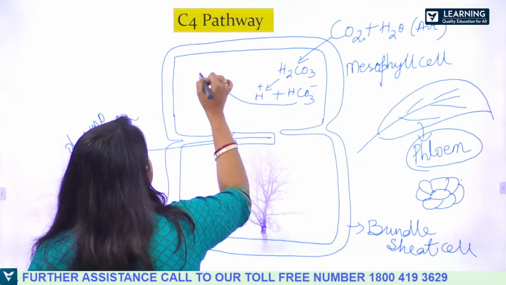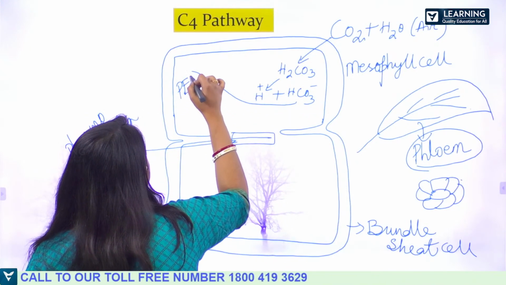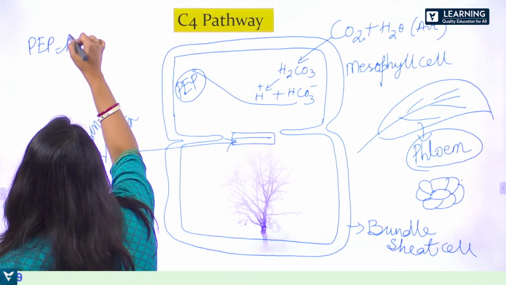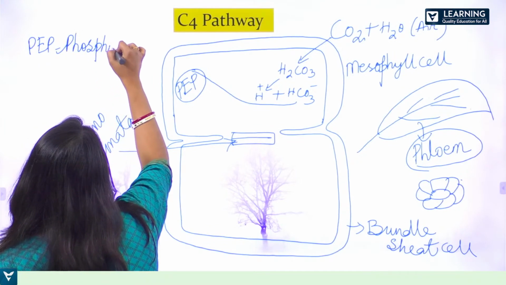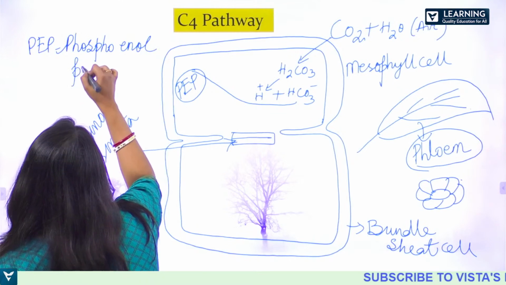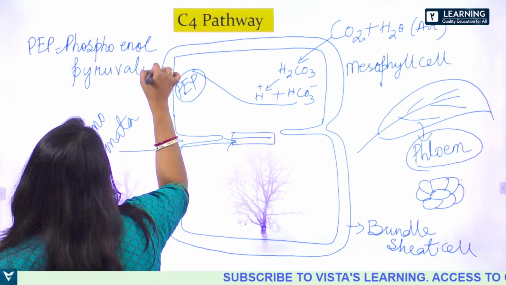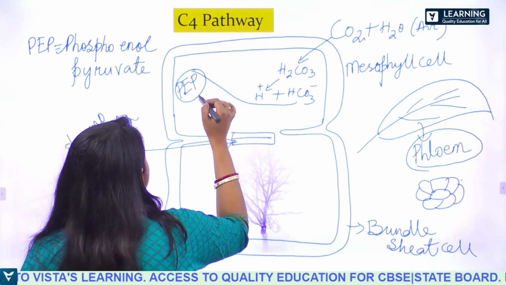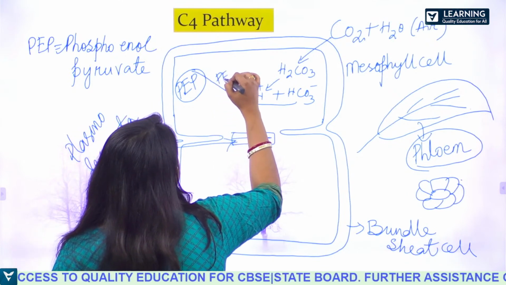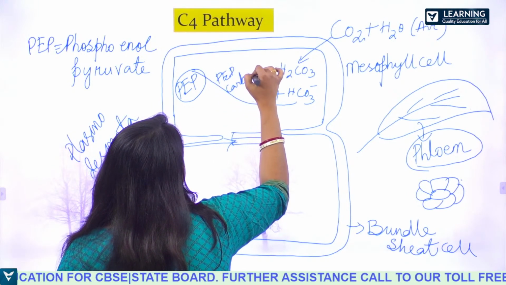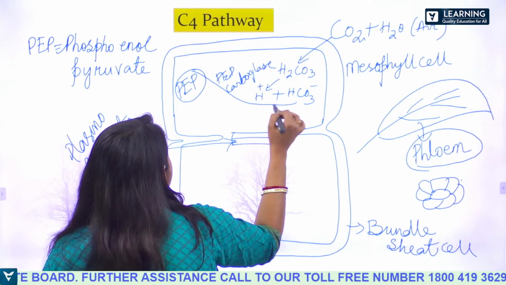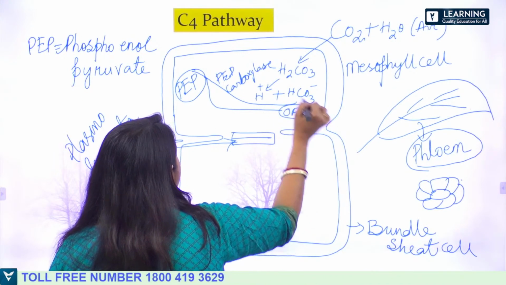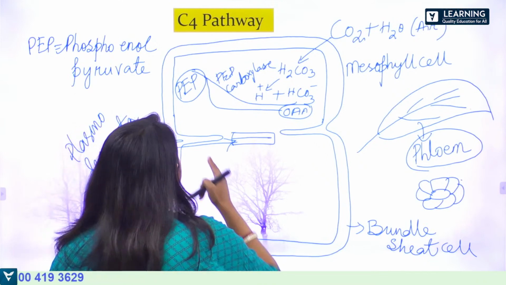Now this bicarbonate will combine with phosphoenol pyruvate, PEP, with the help of the enzyme phosphoenol pyruvate carboxylase, and it forms a 4-carbon molecule, that is OAA, oxaloacetic acid.